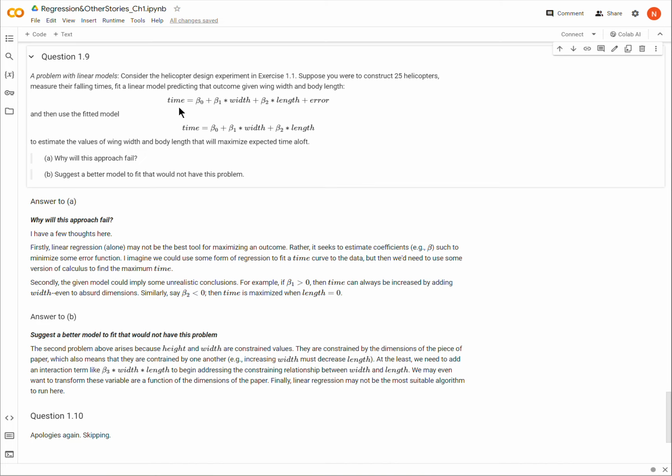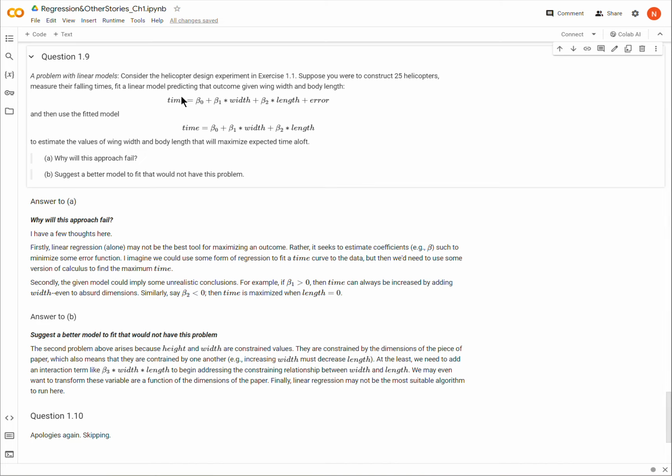So that's one thing. So why will this approach fail? Well, one reason is that linear regression probably isn't the tool, or at least not all by itself, that we would use to maximize anything. In fact, we're minimizing the error of the fit of this line to the outcomes. Okay, so that's one thing.